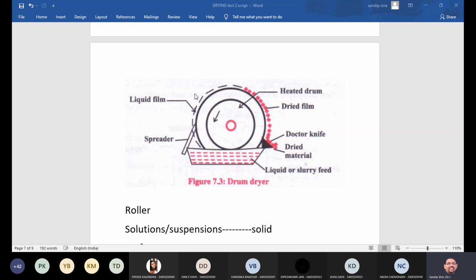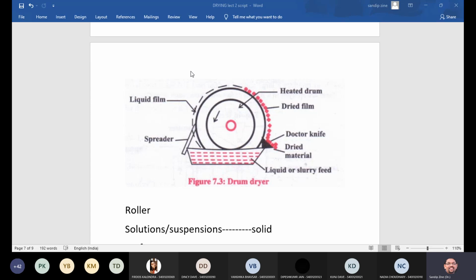In pharmaceutical inorganic chemistry, you have seen all these compounds, isn't it? Suspensions of kaolin, suspensions of zinc oxide, antibiotics, glandular extracts, or calcium and barium carbonates. All these compounds can easily be dried on this drum dryer.